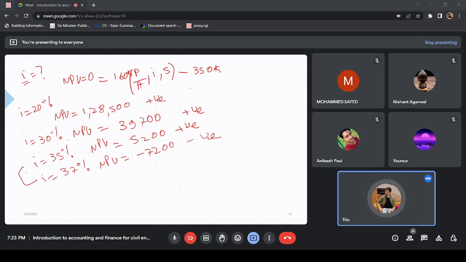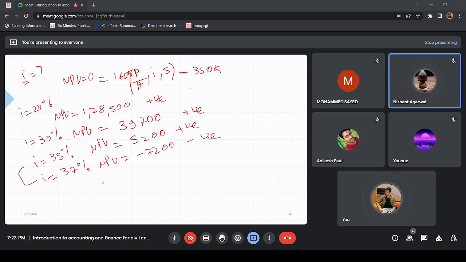So our i must lie somewhere here, that we can determine by interpolation, right? Can you guys tell me the i now after interpolation? First of all, did you get the idea of what is happening? Yes, sir.